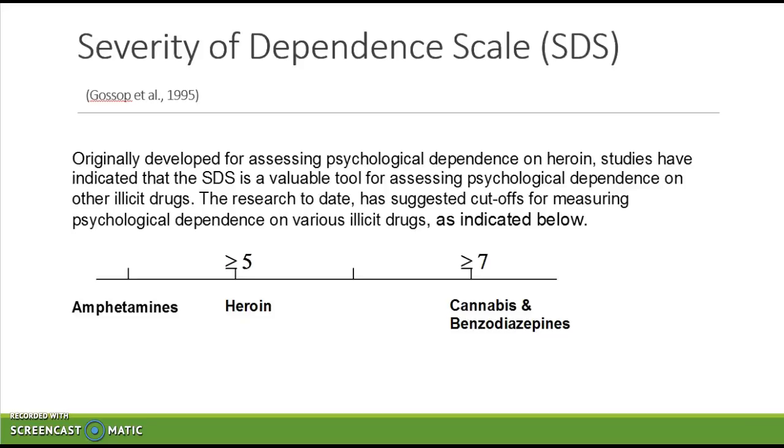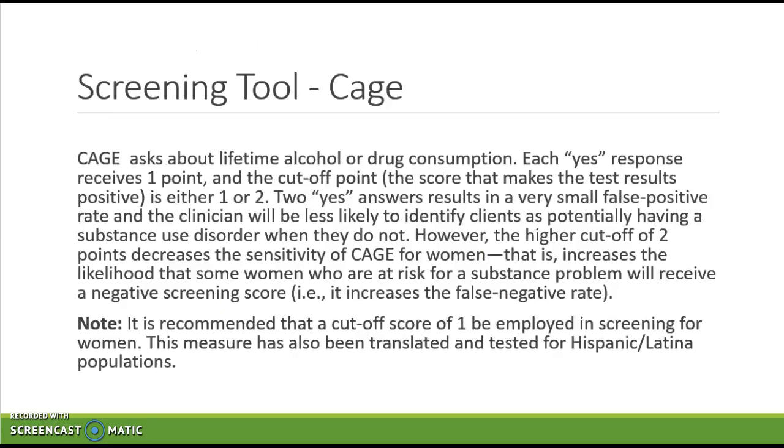However, it's now used across all types of illicit drug use. And I guess what you're wanting to see is the relationship that the client has to a particular substance. We have the CAGE, which is another screening tool that looks at alcohol and drug consumption.